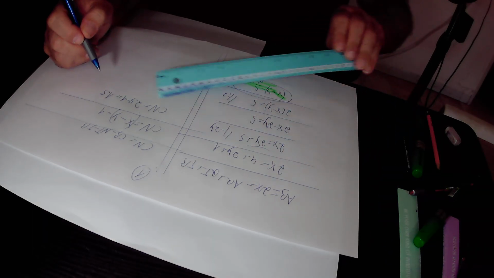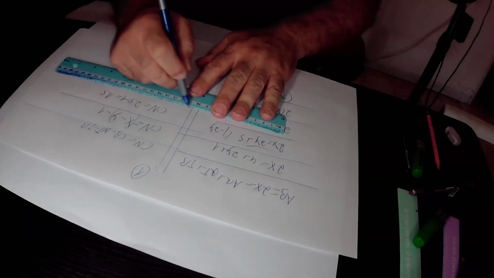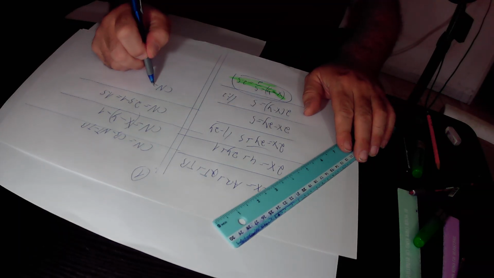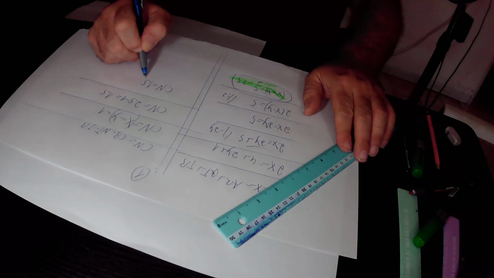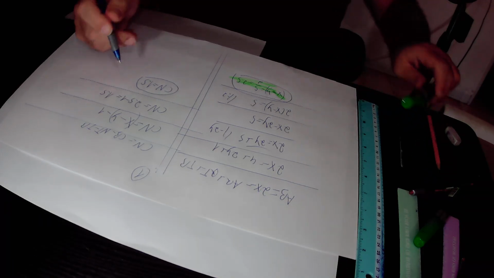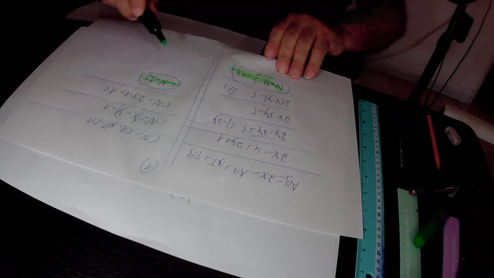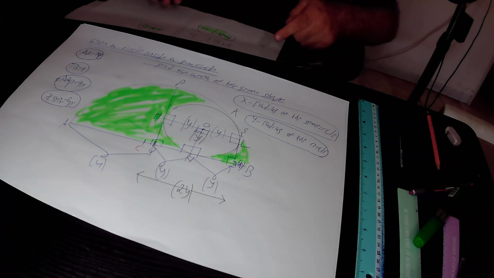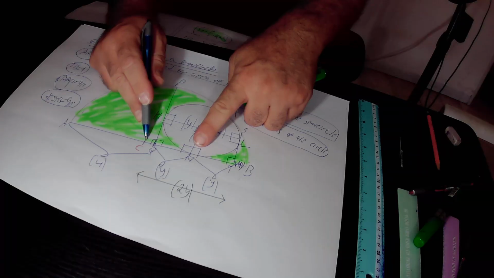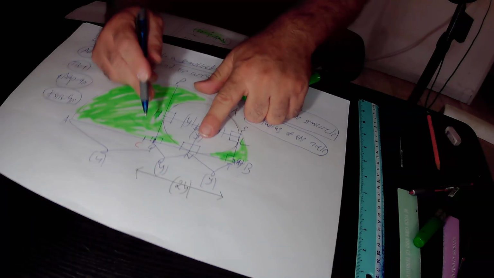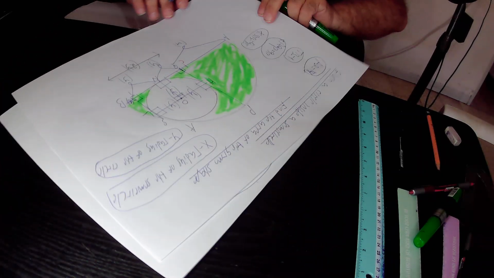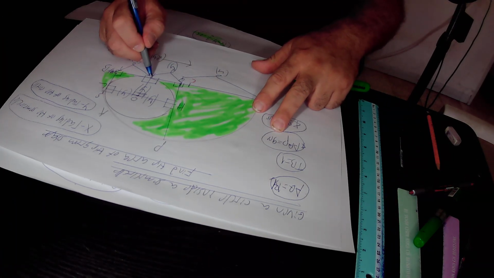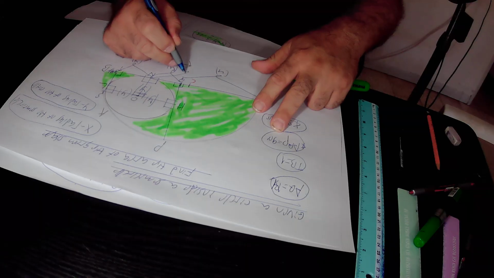So in total, we found out that the length of the missing line segment Cn is equal to 1.5 units in its length.